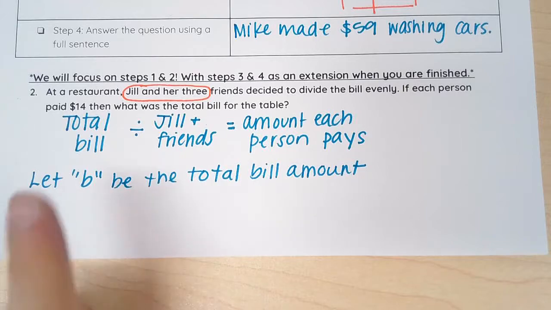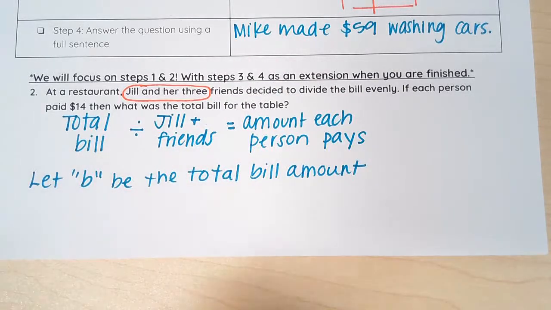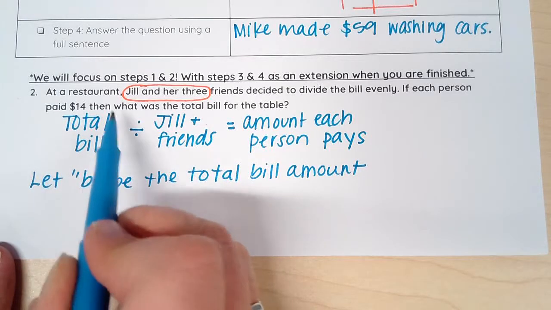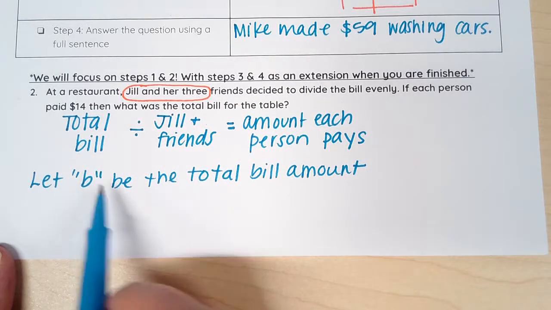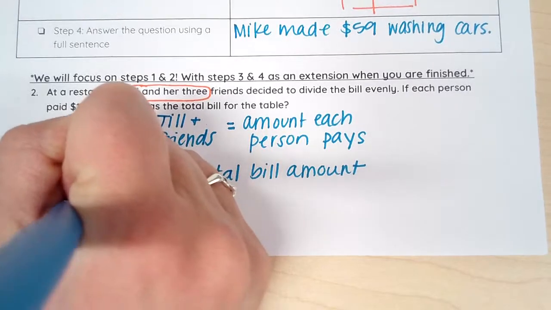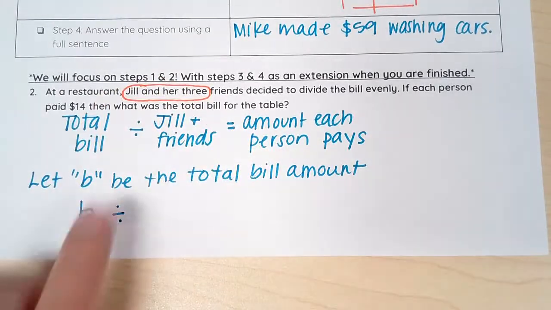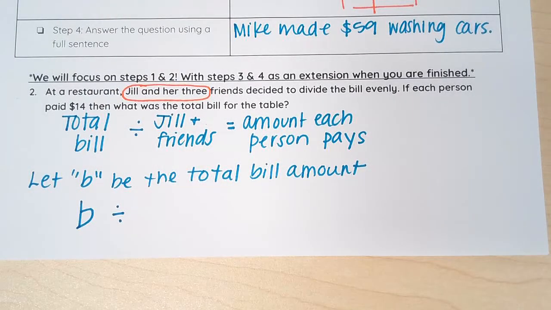And now I can take that and plug everything in. So I start here, total bill. Well, I don't have a number for that, so I use my let statement's variable, B. And then I've got my division symbol. Jill and friends. So I'm dividing by what?